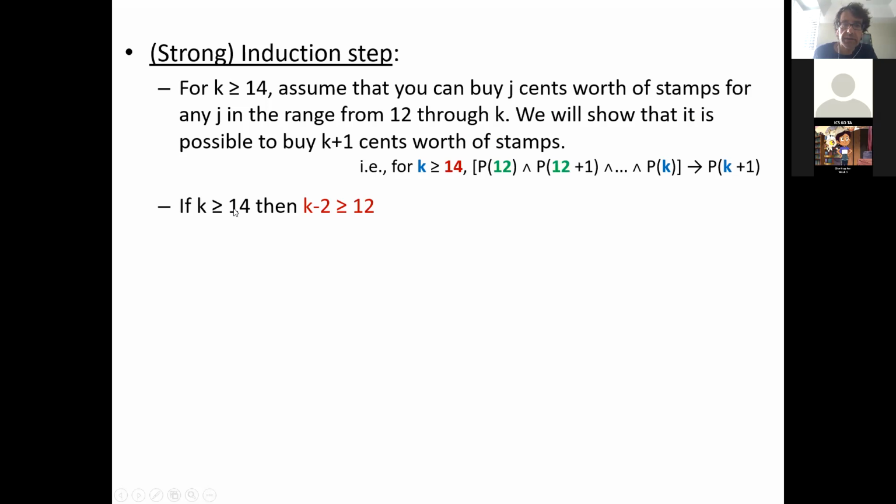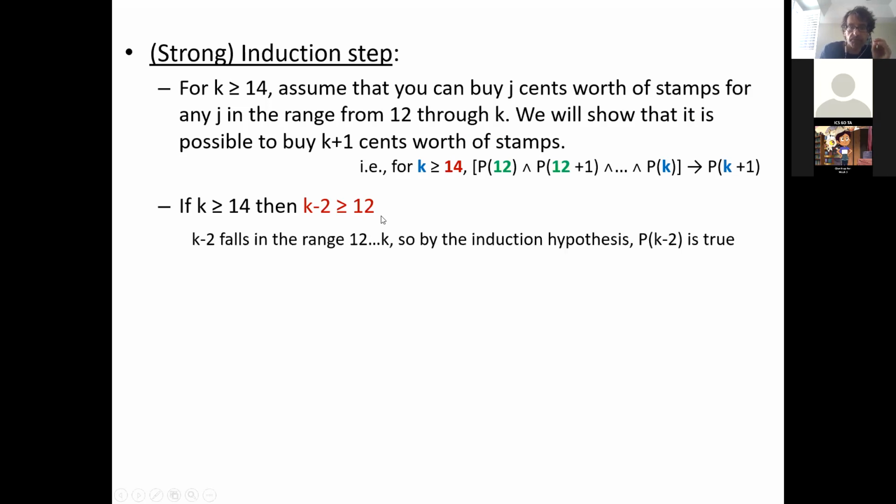If k is 14, then I can subtract 2. If I move to the left by 2 steps, then I'm still above the threshold, the first base case. So therefore k minus 2 falls in the range of what I can assume.